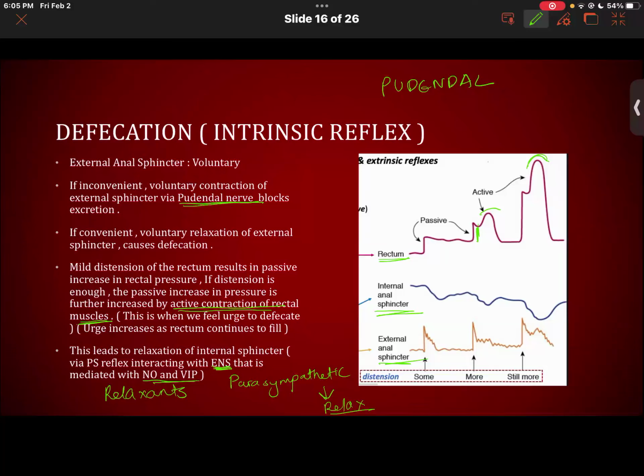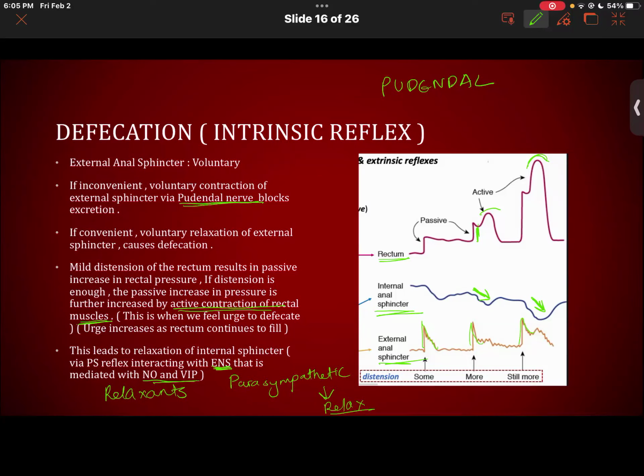The pressure was increased when it was tonically constricted, but now that there's active contraction of the rectal muscles and passive pressure because of the feces, it's going to relax, and this is going to lead to this decrease in pressure shown here. And obviously, you see as the pressure increases because of more feces and more contraction, the internal anal sphincter pressure will decrease. However, you see the external anal sphincter is still contracted.